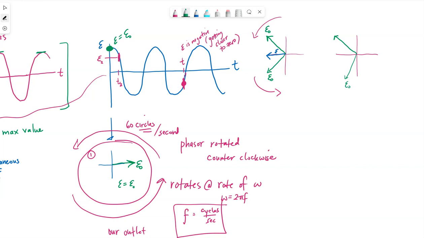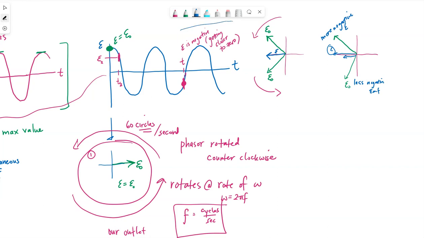Both of these would still give us a negative EMF. This top one now gives us a more negative EMF at this very short time later. This one's x component is shorter, so this one gives us a less negative EMF.